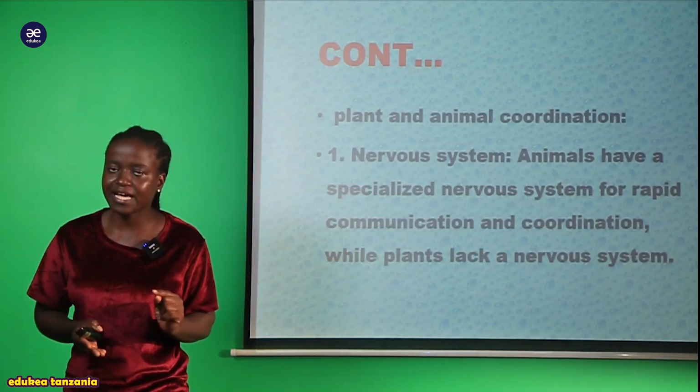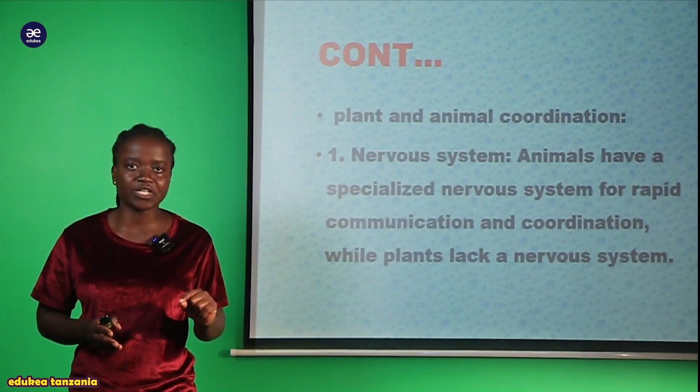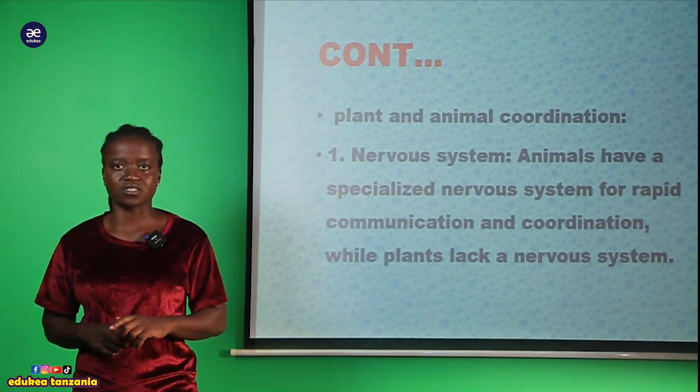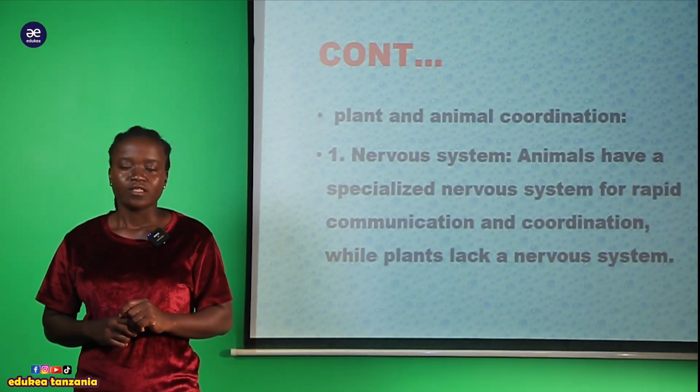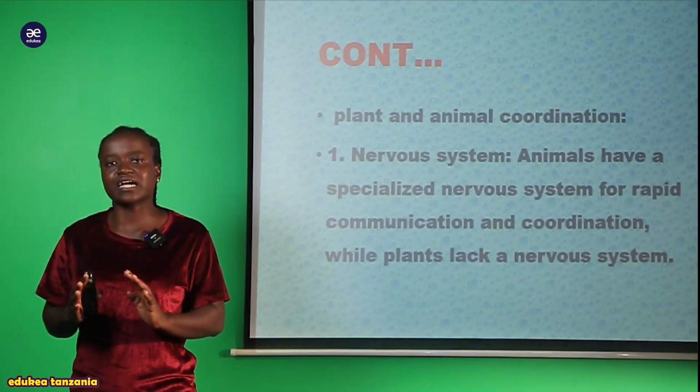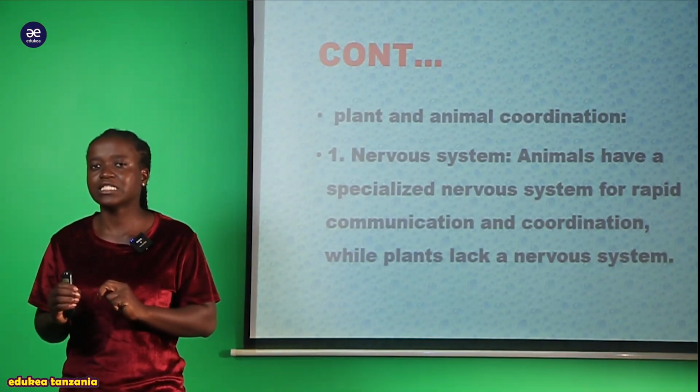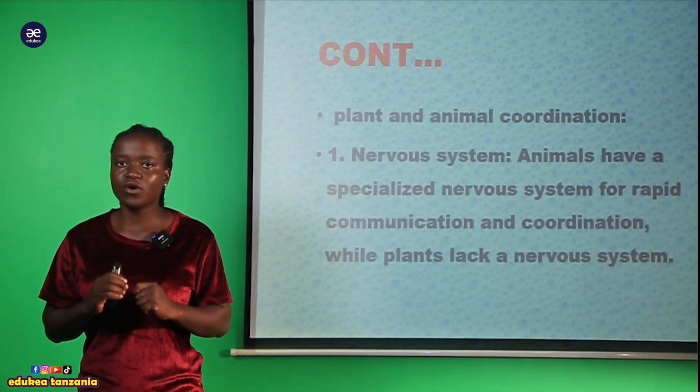The first difference is the presence of the nervous system. The nervous system can help to differentiate between plant coordination and animal coordination.